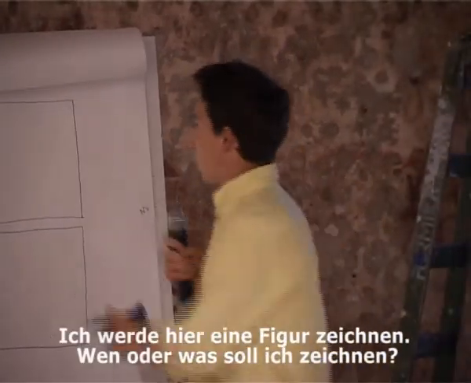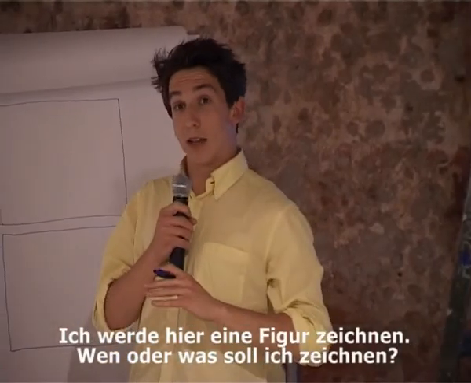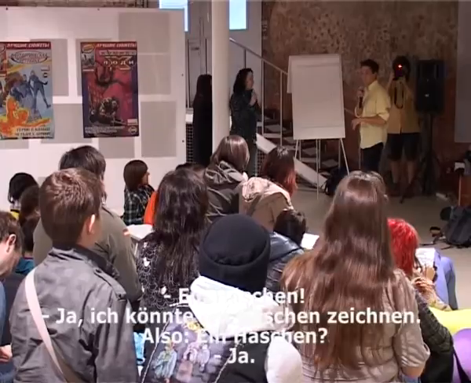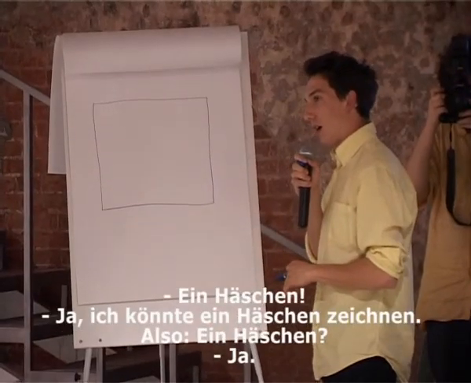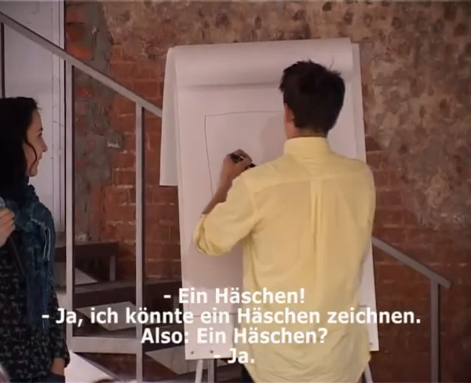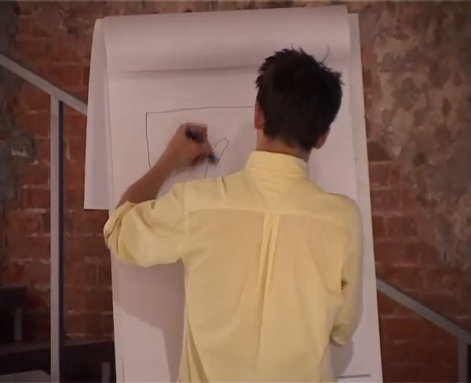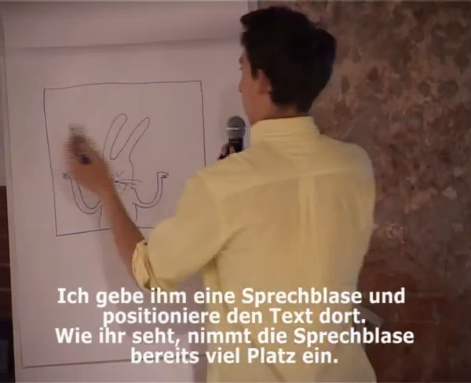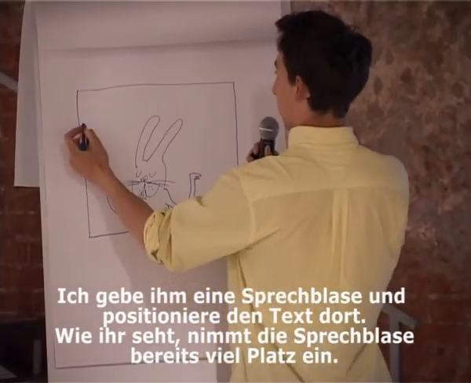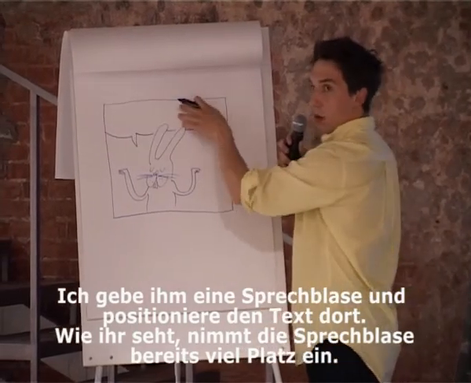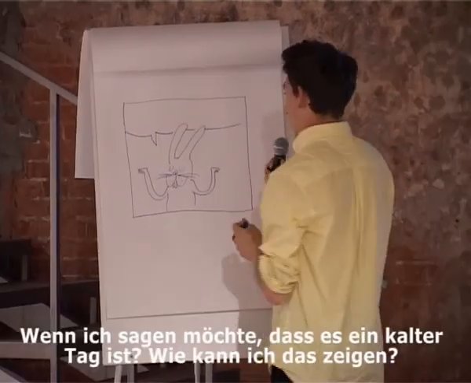So if I'm going to draw a character here, can someone tell me what character they want me to draw? A bunny. Should we go for a bunny? Yes? Okay. So if he's going to be talking a lot, I'll probably put my text. So you can see that this has taken up a lot of space already.